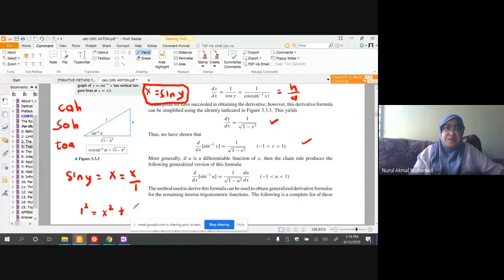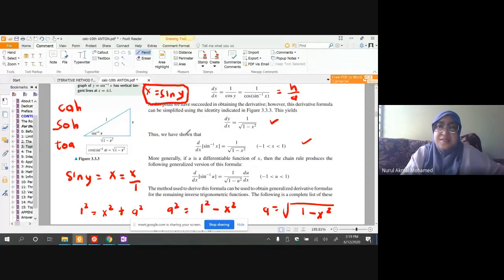Let's denote this as A squared. So A squared is equal to 1 squared minus x squared, and for A, just take the square root of this. So that's why you get the adjacent equal to square root of 1 minus x squared.